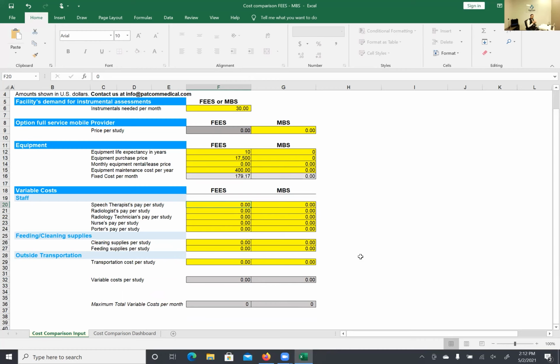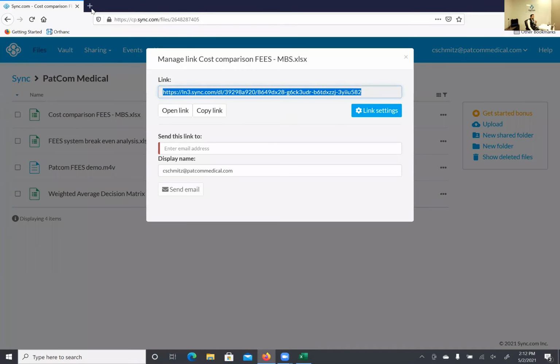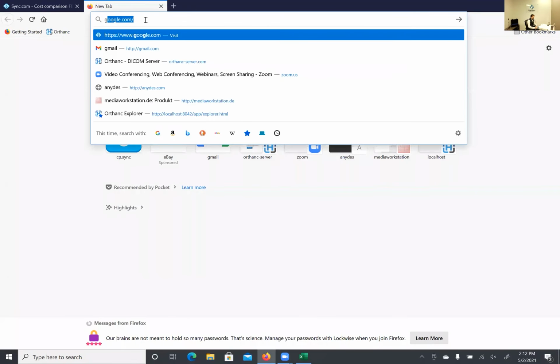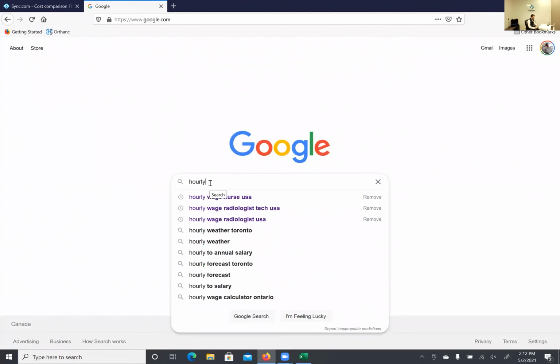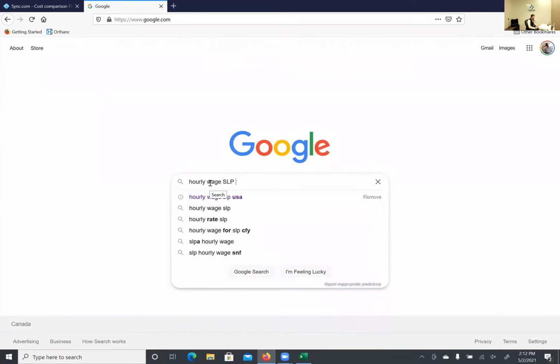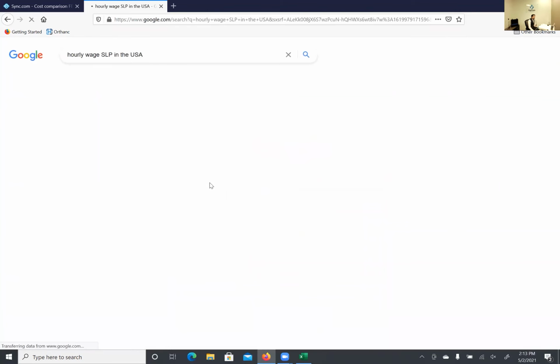How much does a radiologist make here? The radiology tech, etc. I am just going to go here and kind of look up the number. So let's say hourly wage, SLP in the US.